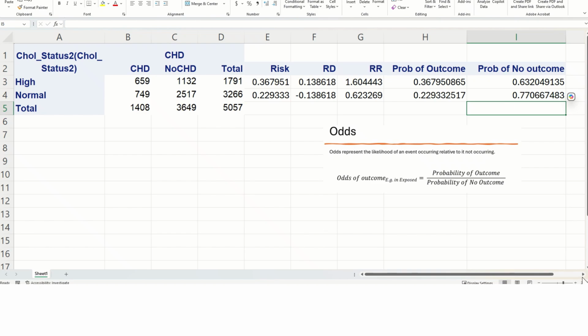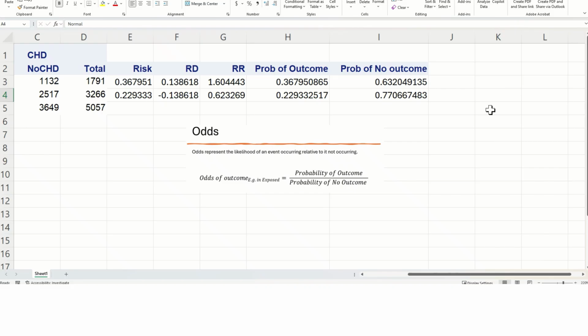So now we have the probability of outcome and probability of no outcome separately for high cholesterol individuals and normal cholesterol individuals.